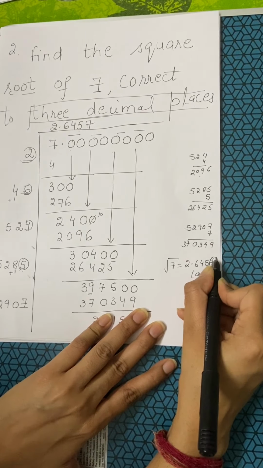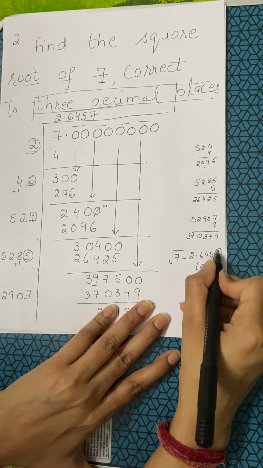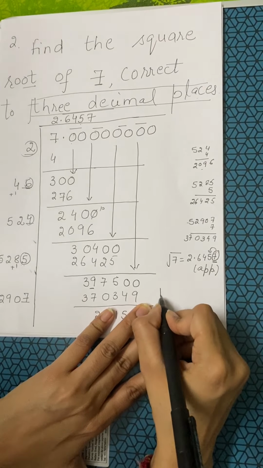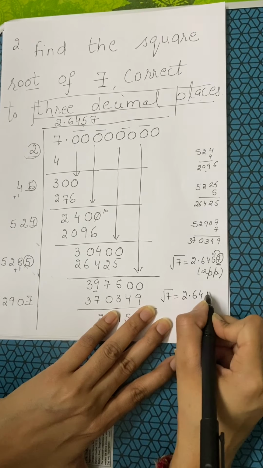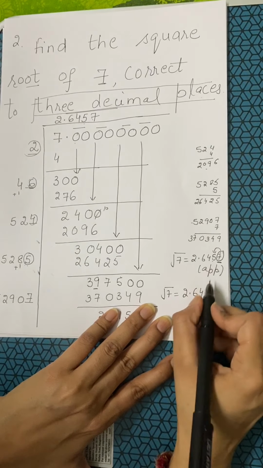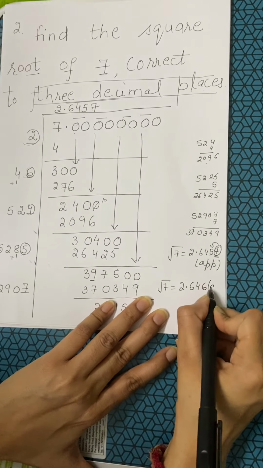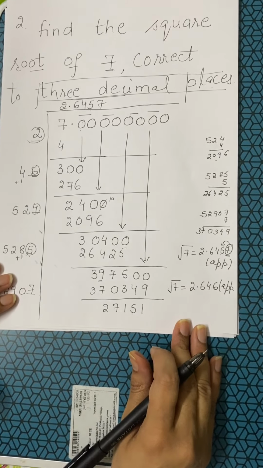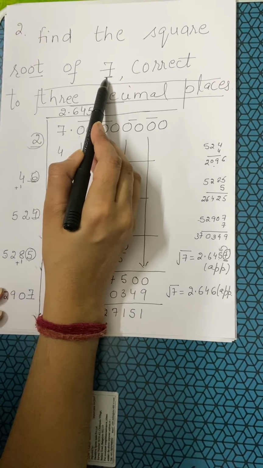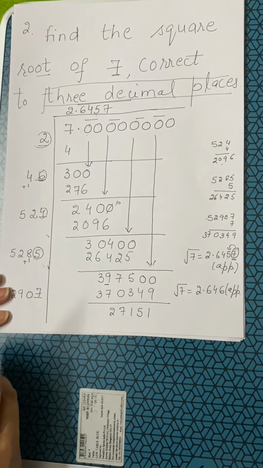The last digit is 7. If I round it off, it will become plus 1 here. So it will be 2.645 plus 1 because I will be rounding off. This will become 2.646 approximate. So this is how we'll be finding the square root of the numbers which are not perfect squares.